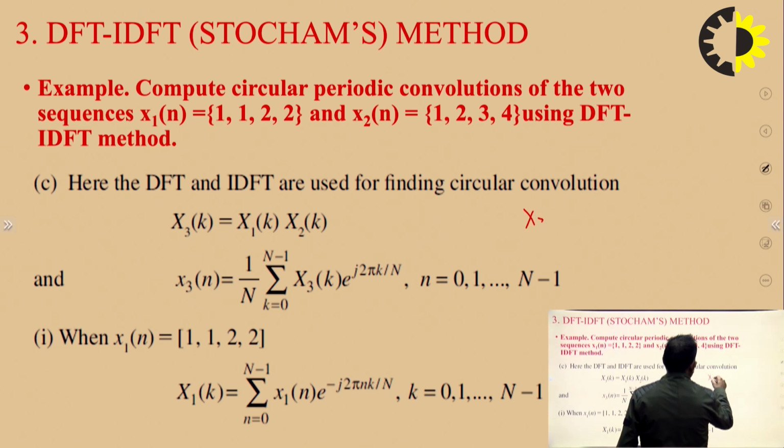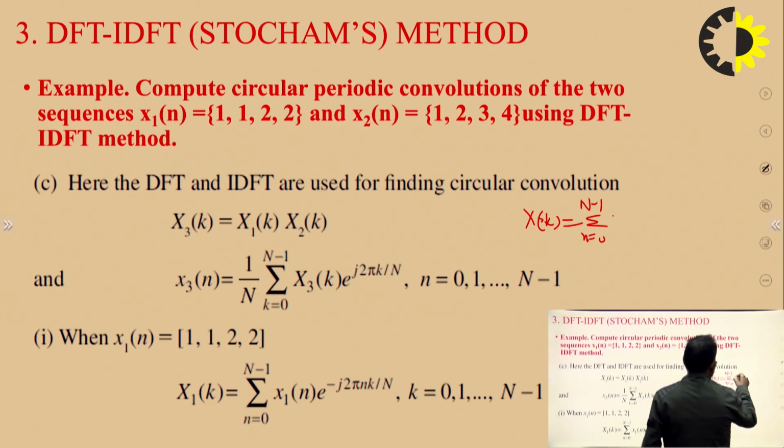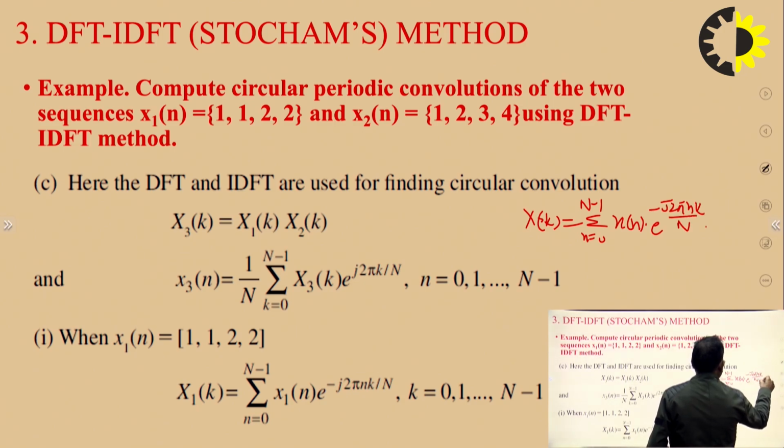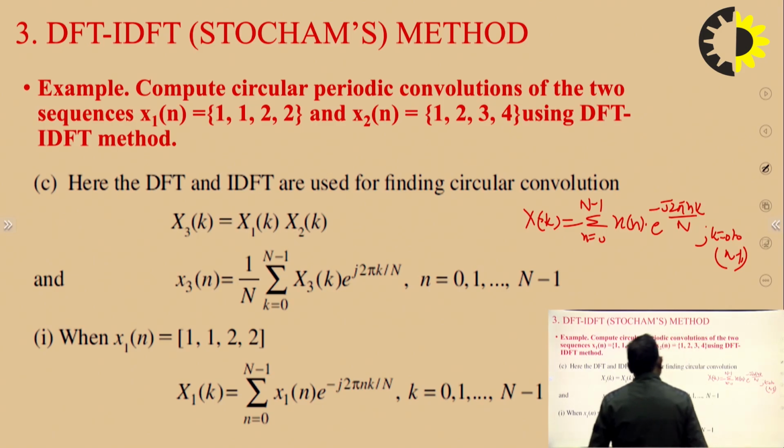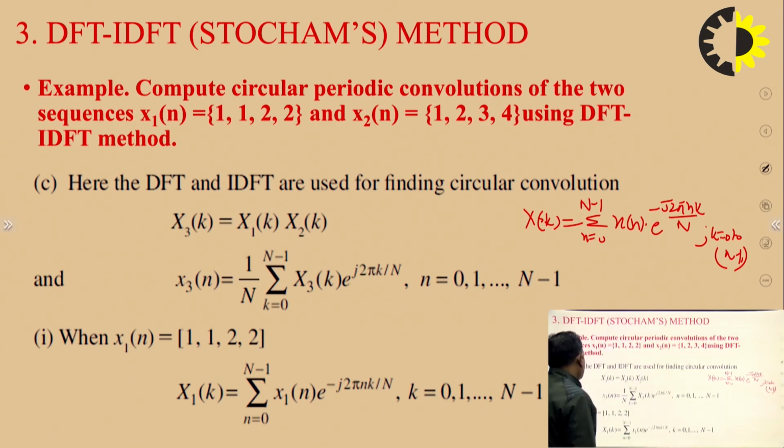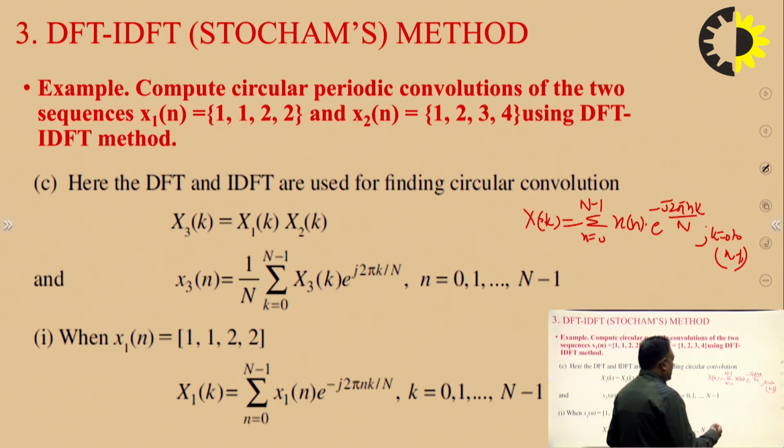The expression of DFT is X(k) equals summation n equals 0 to N-1 x(n) into e to the power minus j 2 pi nk by N, where k equals 0 to N-1. So this is the expression by which we can obtain this value. The algorithm of this method is: you have two sequences.